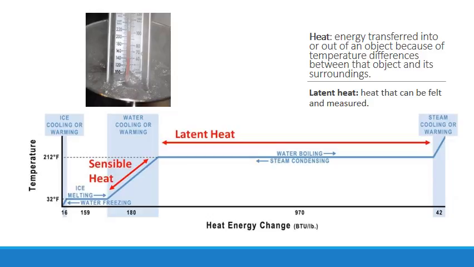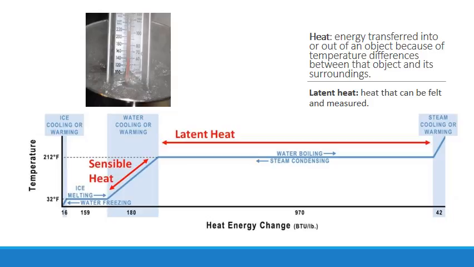Sensible heat is the other kind of heat. And you can see, I think best in this diagram, the lower diagram here, what happens with sensible heat. So you can see a temperature on the y-axis here and energy given off on the x-axis of this diagram.